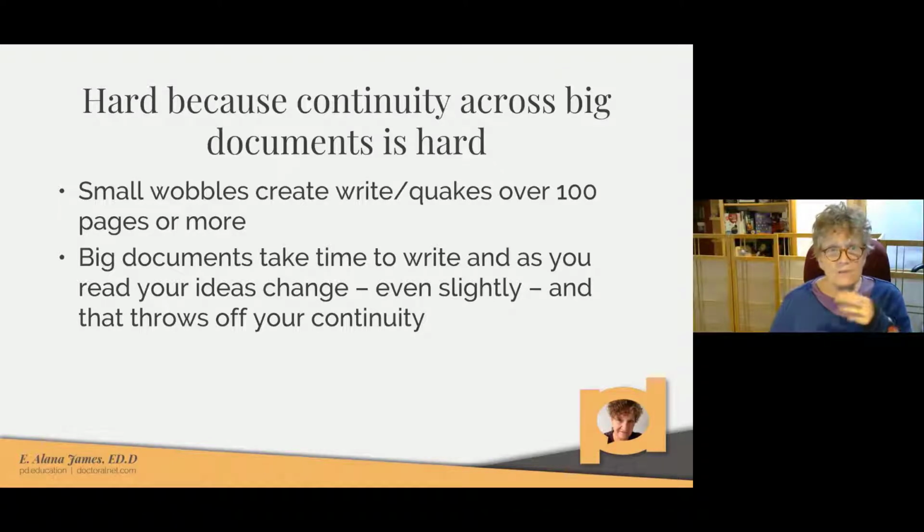Writing is also hard because we may never have written a document as big as the one we're currently required to be writing. And this will be true for research masters in their thesis and for doctors, PhDs and other kinds of doctorates in their dissertation or their 3 chapters or whatever format, more than it would be necessarily for everybody in the graduate arena. But the whole truth is that small wobbles, I can say it this way and this way and this way.